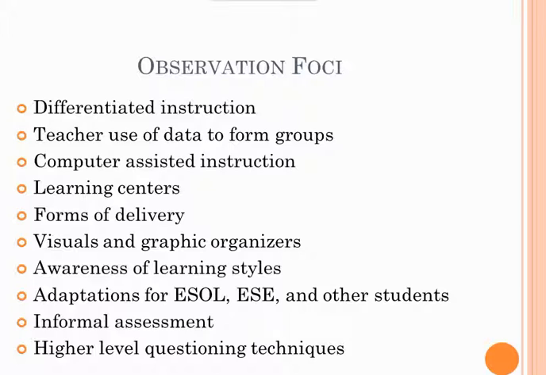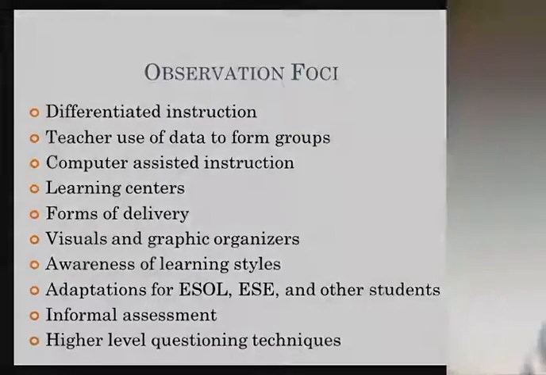Look for visuals and graphic organizers, especially on bulletin boards and throughout the classroom. Be aware of the teacher's awareness of learning styles, of their adaptations for ESOL and ESE students, and for the other students who are behind a little bit in the classroom. Watch for informal assessment, and watch for the higher level questioning techniques.